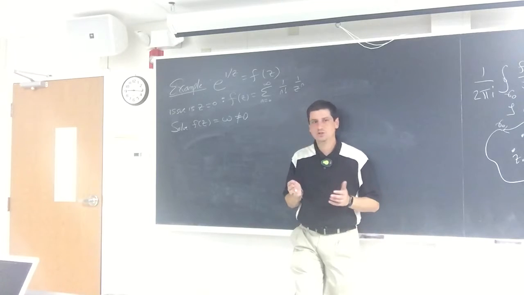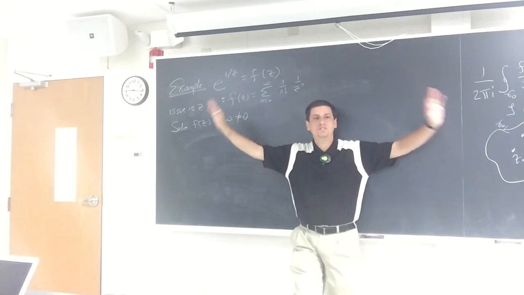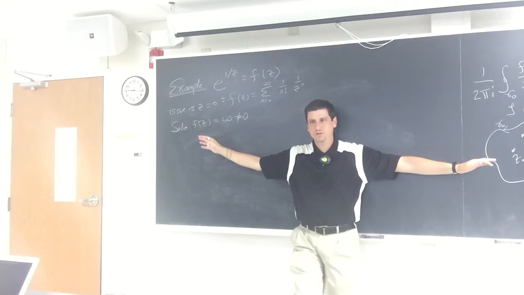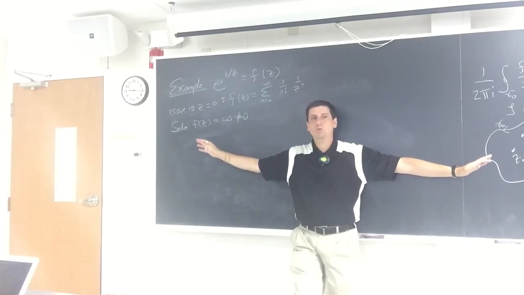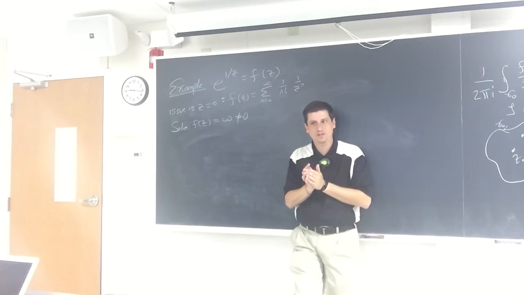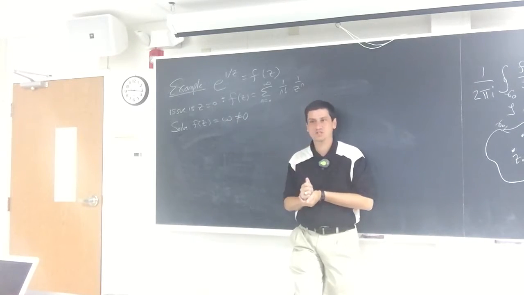And when I say it doesn't have a solution, I'm not saying there's some z somewhere in the complex plane such that f of z equals w. Give me whatever epsilon you want, whatever small neighborhood you want of the origin, and there will be a solution to f of z equals w in that small neighborhood. This is truly remarkable. So not only do you have a solution, you have infinitely many solutions.